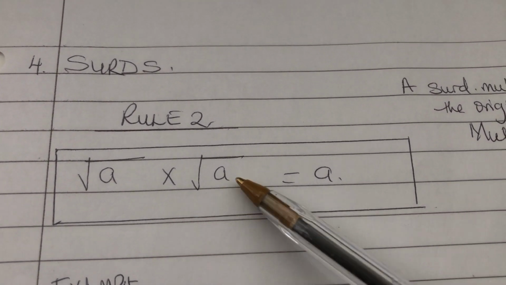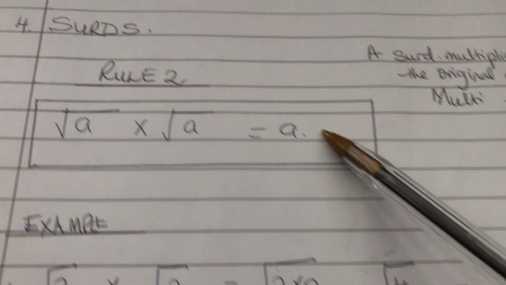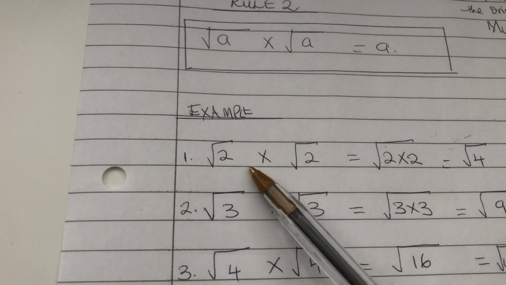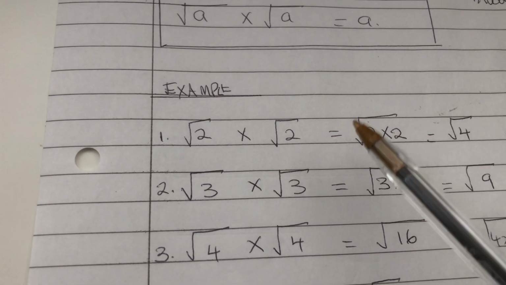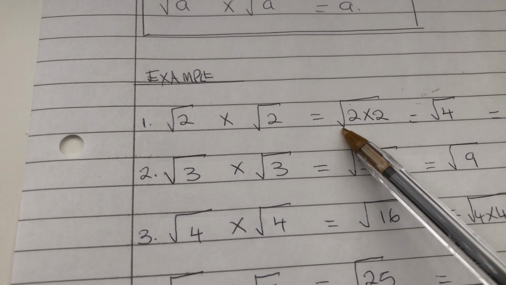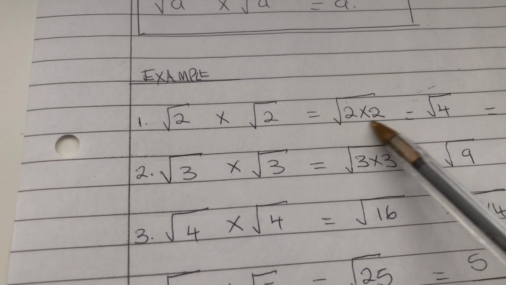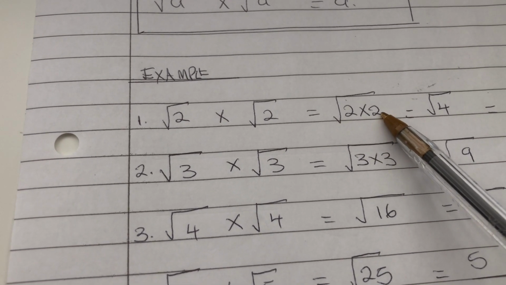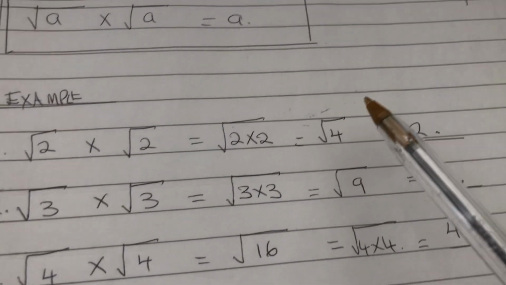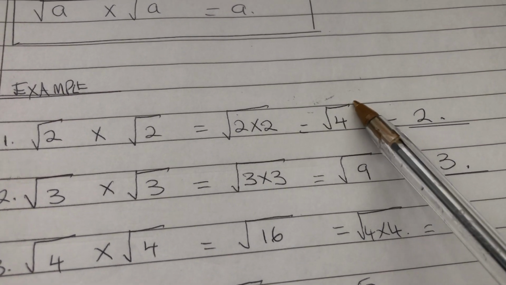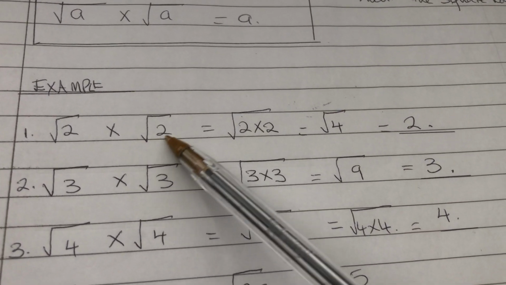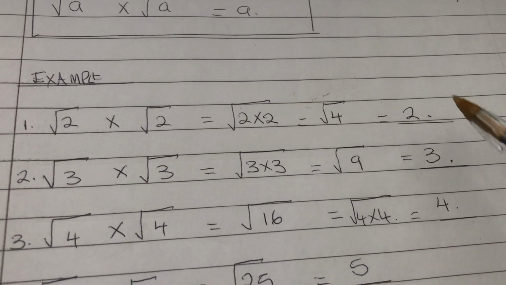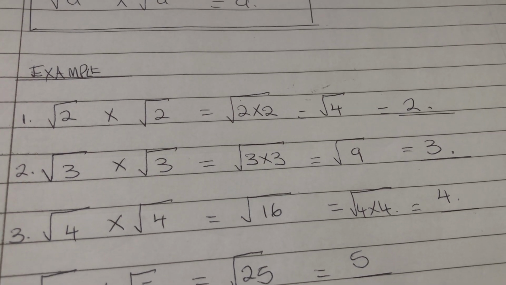Root A times root A equals A. So for instance, root 2 times root 2, using the first rule, will give me root of 2 times 2, which is root 4. So root 4 is 2. So if I see root 2 times root 2, I can say the answer is 2.